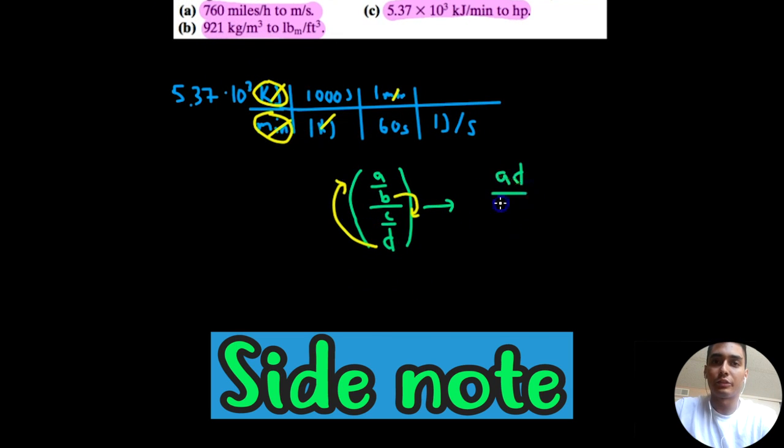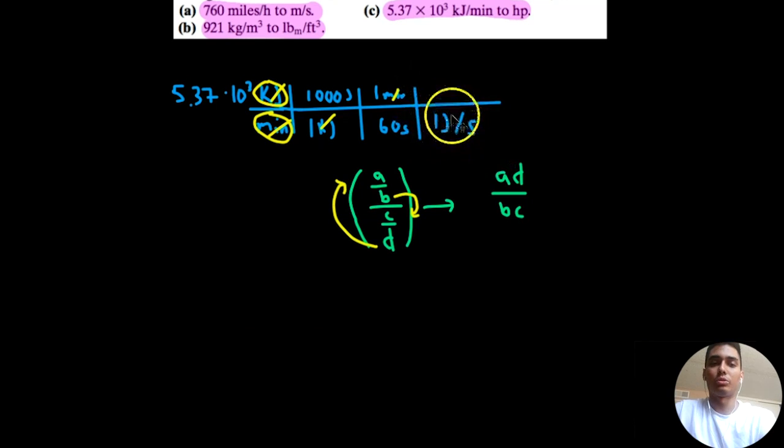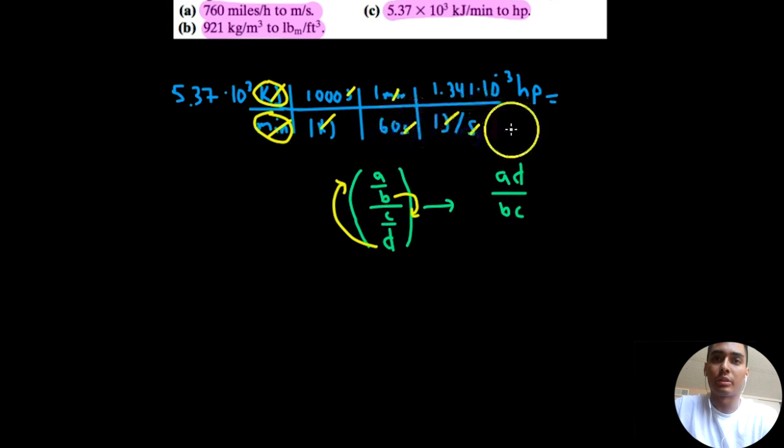If we have 2 denominators, that's going to make it a numerator. So consider this second as a denominator; it's going to go on top here. So 1 joule per second is equal to 1.341 times 10 to the negative 3 horsepower. Joules cancels out with joules, seconds, double denominator, and we're finally left with horsepower.